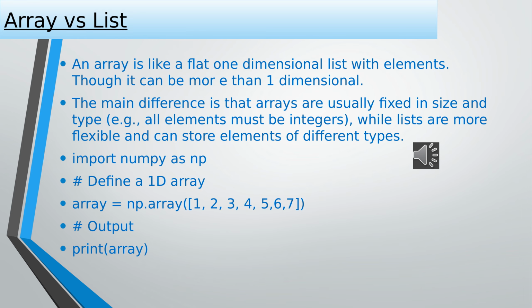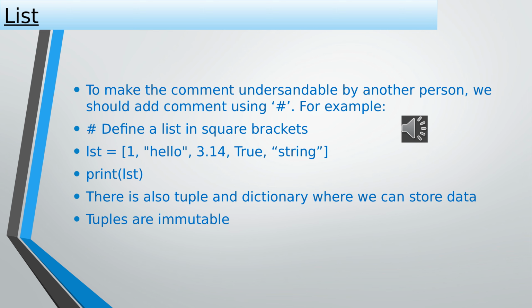Before we continue working with NumPy arrays, it's important to understand Python lists because NumPy arrays are often created from lists. Let's first talk about comments in Python. A comment is used to explain the purpose of our code.